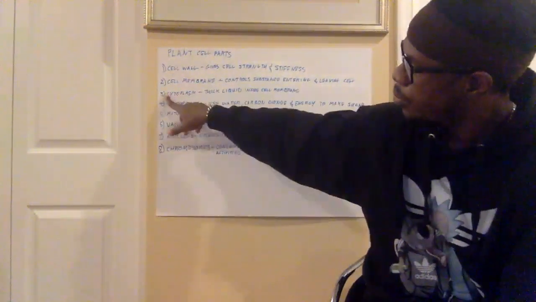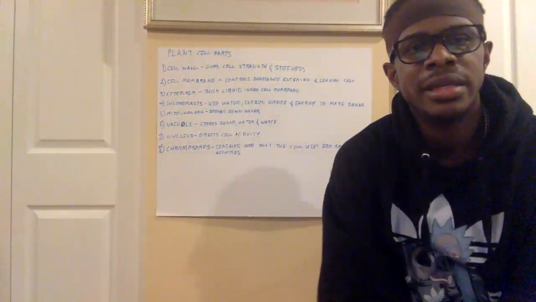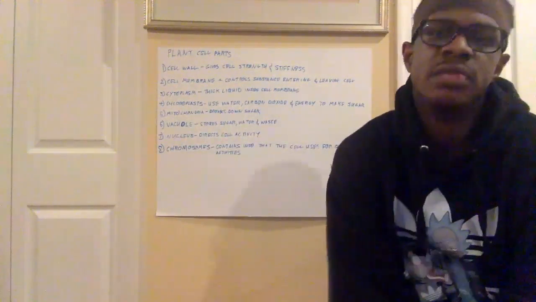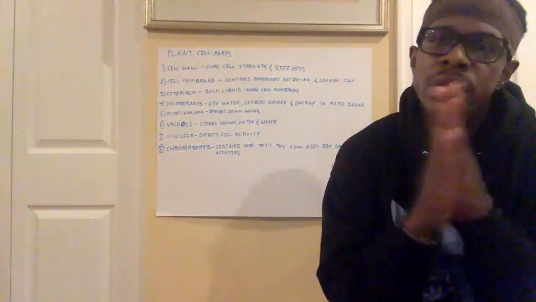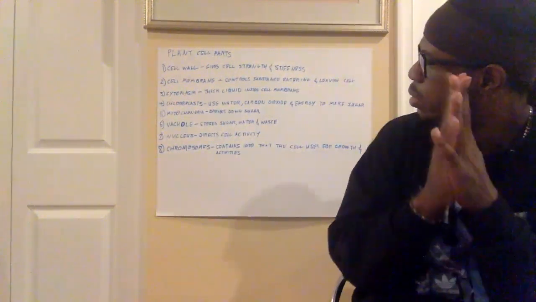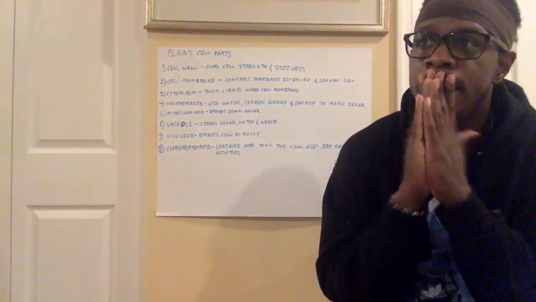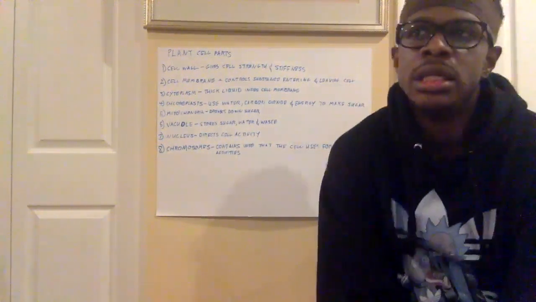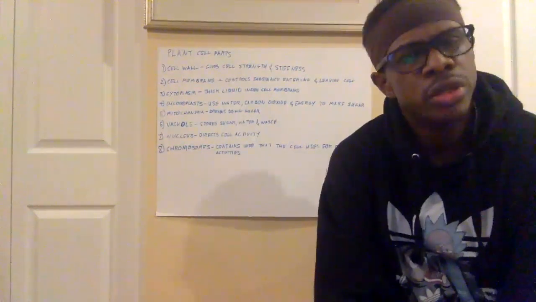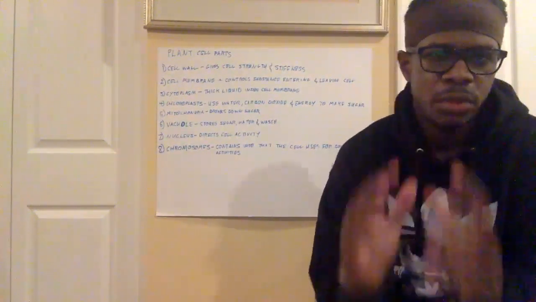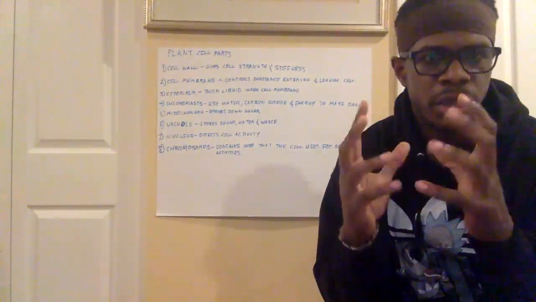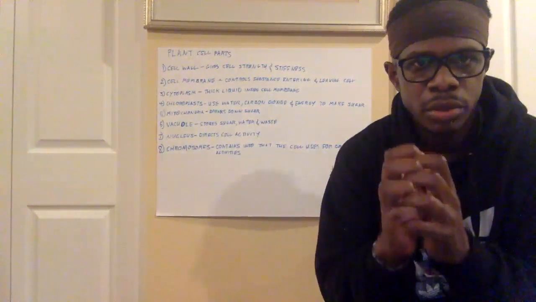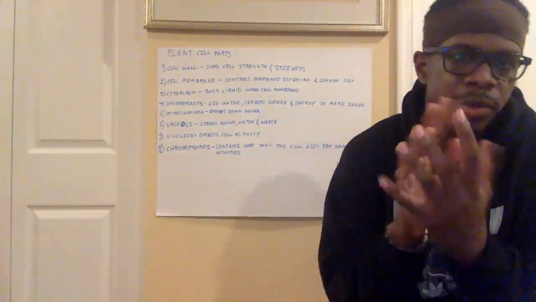Cytoplasm. This is the thick liquid that fills up the space inside the cell membrane. Think of your brain, which is more than 70% water. Cytoplasm is that liquid inside the cell that controls all the chemical reactions.